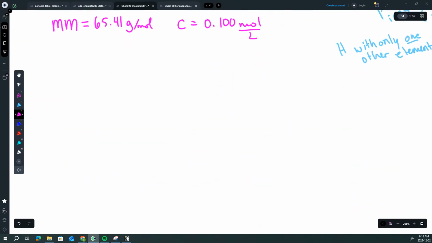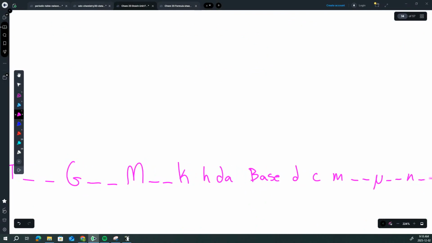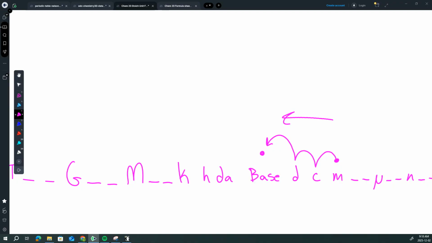How I'm going to do that is, we're starting at 100 milliliters, so I'm putting a dot where milli or milliliters would be, and I know that liters would be a base unit because there's no prefix to it. Then I count, starting with where I'm starting at, milliliters. So 1, 2, 3. That means we have to move our decimal 3 spots over to the left.